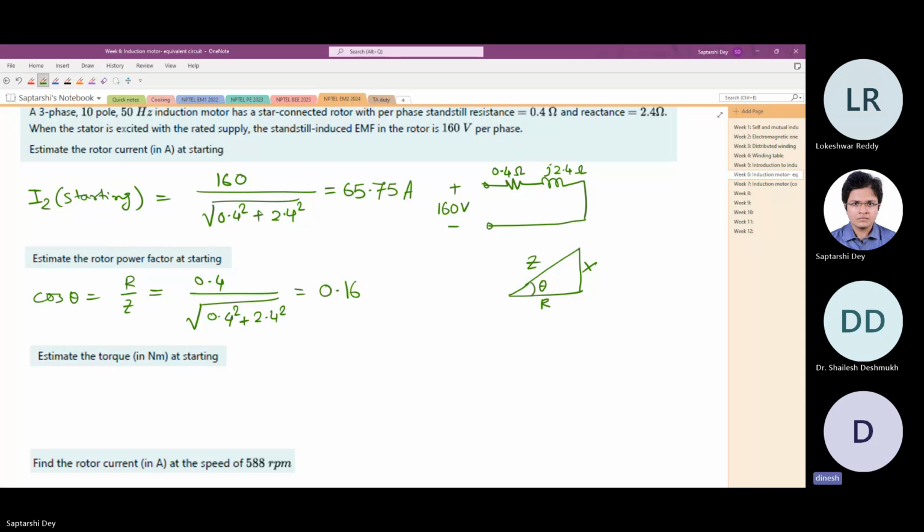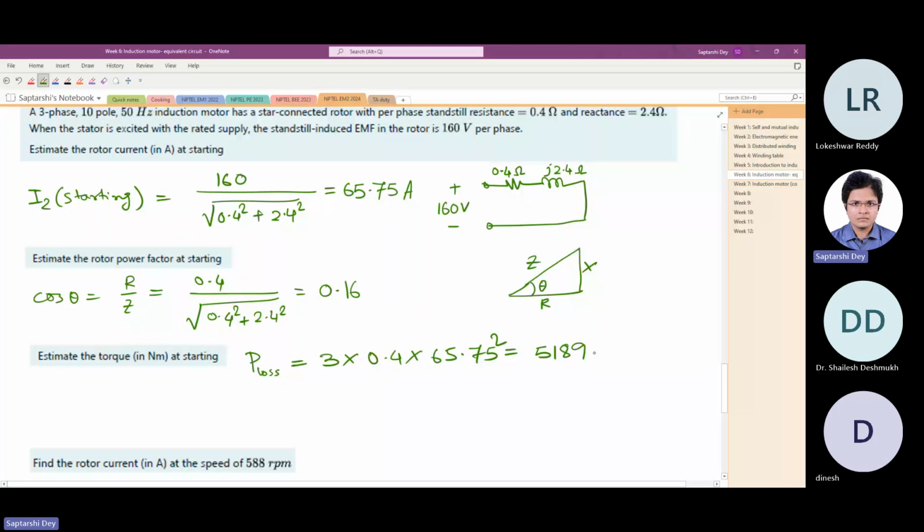So 3 times I2 square R2. Yes, that is the rotor copper loss. So S is 1 at the starting. 3 times 0.4 times current squared. Rotor copper loss is this, 5189.19 watt.